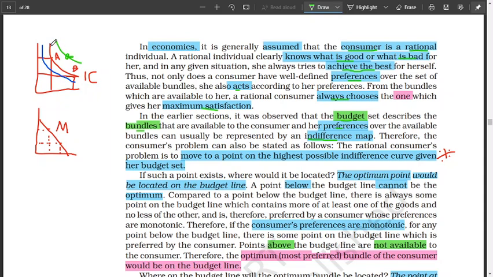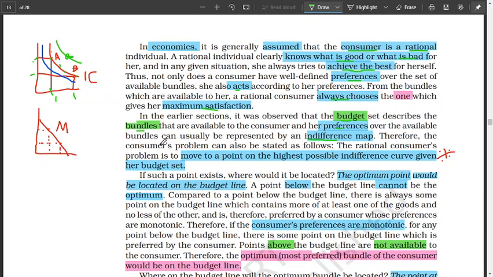If you consider this red indifference curve, it means if you choose A, you'll buy this much of mangoes and this much of bananas. If you choose B, this much of mangoes and this much of bananas. A and B and C and D and so many points along the curve give him the same satisfaction. He's indifferent.